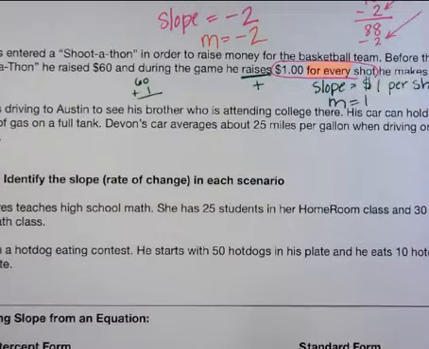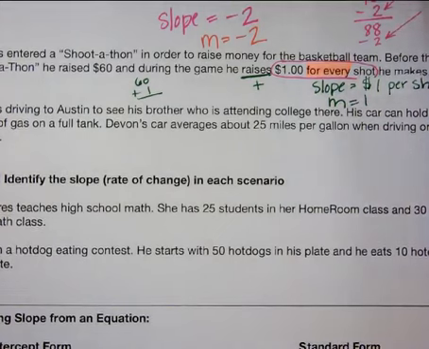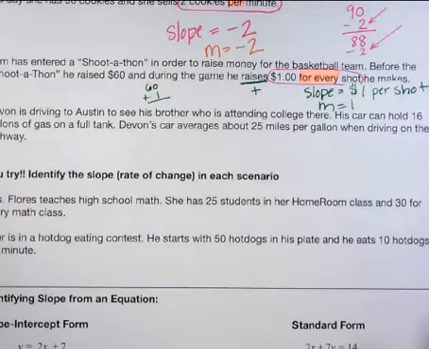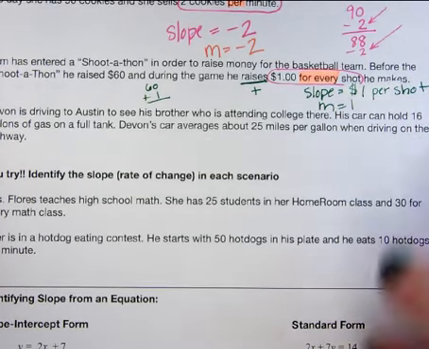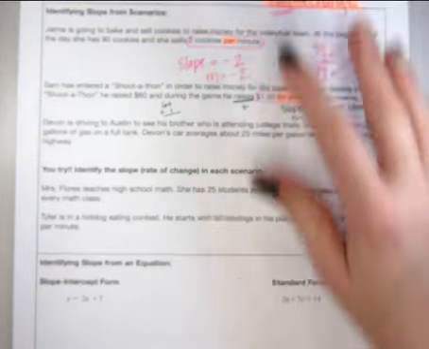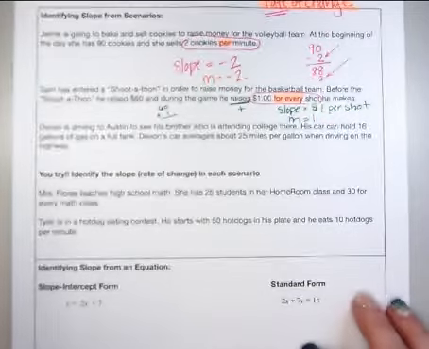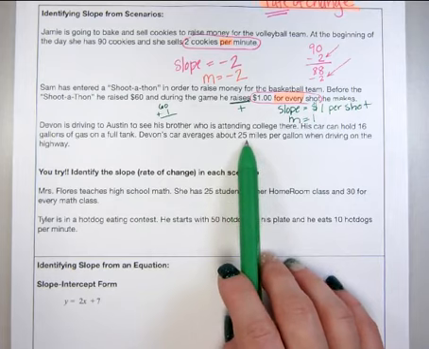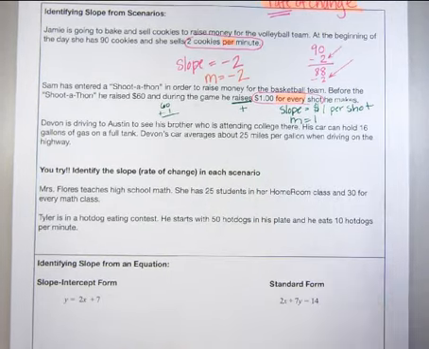Devin is driving to Austin to see his brother, who is attending college there. His car can hold 16 gallons of gas on a full tank. Devin's car averages about 25 miles per gallon when driving on the highway.